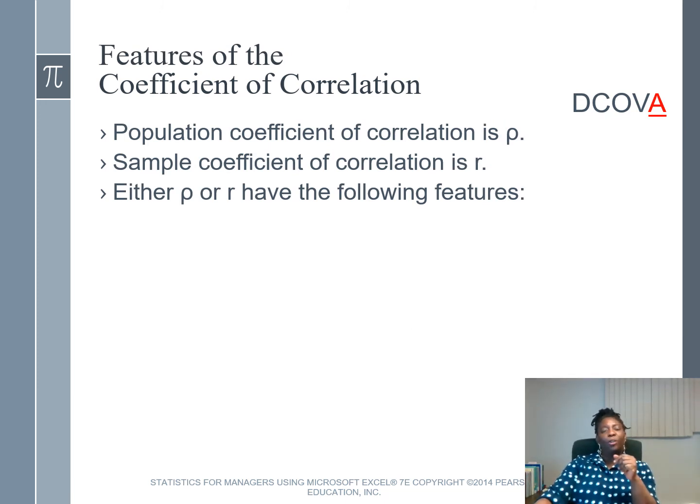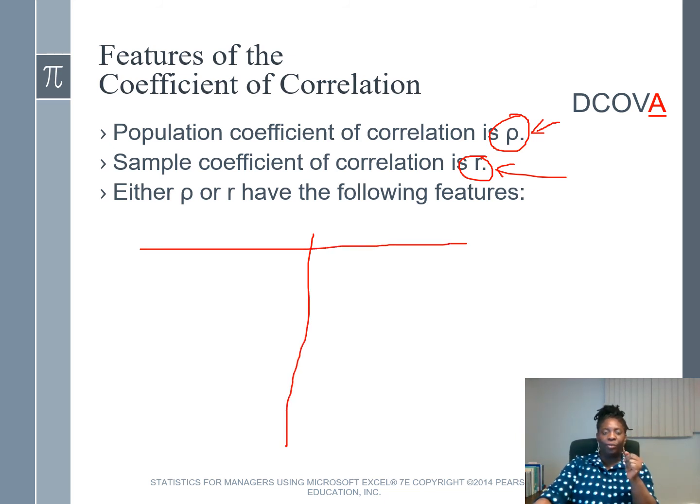The population coefficient of correlation is called rho. So correlation as a parameter is identified as rho. For a sample, it is R. So let's take a summary of what we've been doing with the Greek letters and the values. Sample mean is x-bar, population mean is mu.